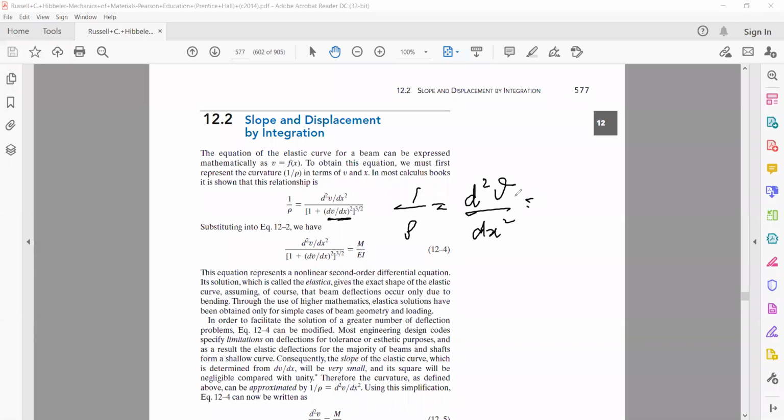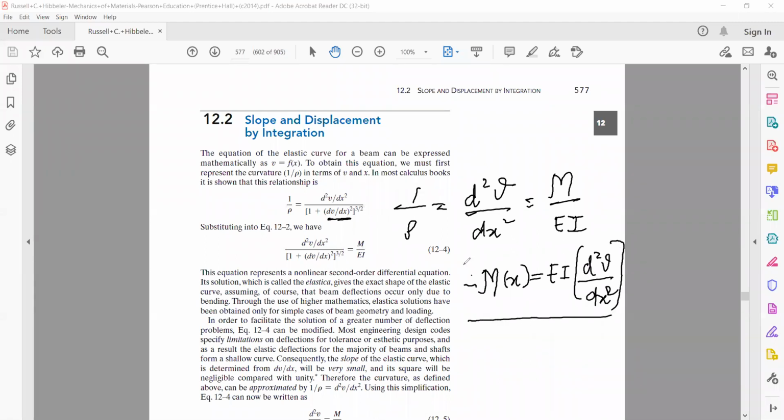But we just had 1 by rho is equal to M by EI. Therefore, we can write the bending moment in the beam, M of x, is equal to EI d2 nu by dx2. And this is the equation that will be used in calculating the deflection in the beams.